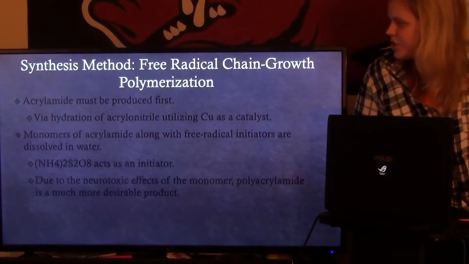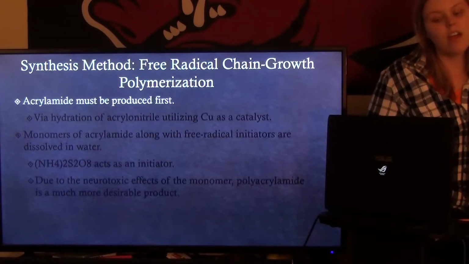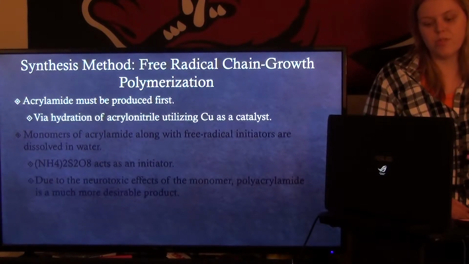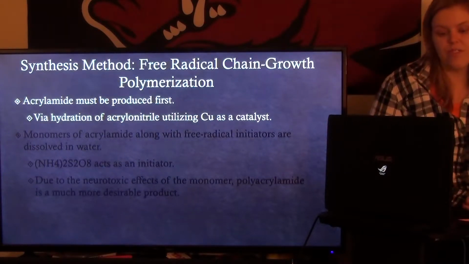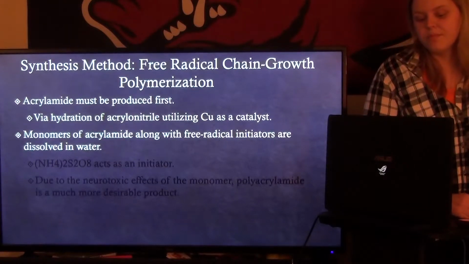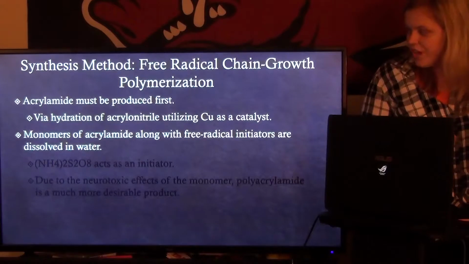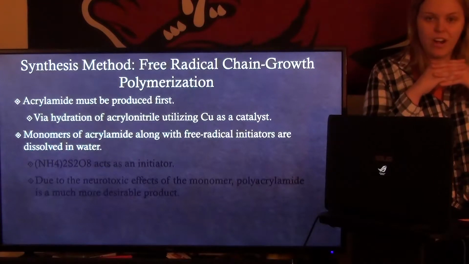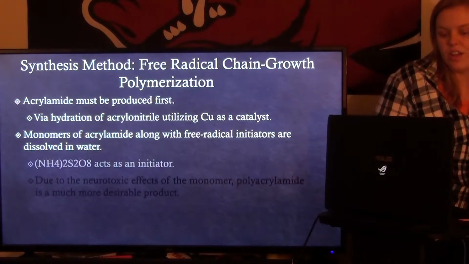Next, we're going to talk about the synthesis method. It's synthesized by free radical polymerization. First, you've got to have acrylamide, your monomer, which is produced via the hydration of acrylonitrile using a catalyst. When all these monomers are together, free radicals of the initiators turn the monomers into free radicals, and the free radical polymerization occurs when it's dissolved in water.